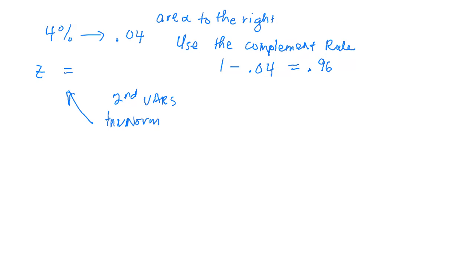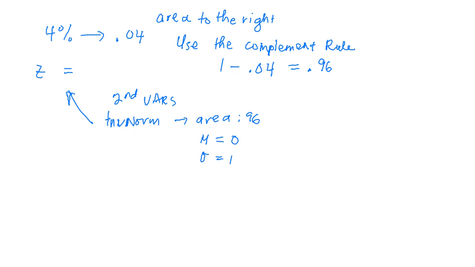When we use the inverse norm, the area that we're going to put is the 0.96. Your mean is 0, your standard deviation is 1. Then press enter.